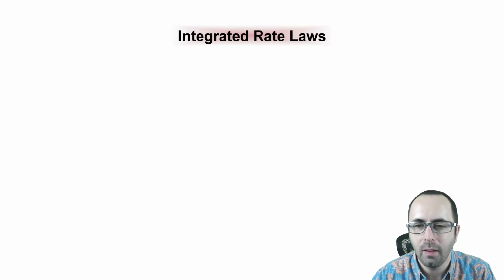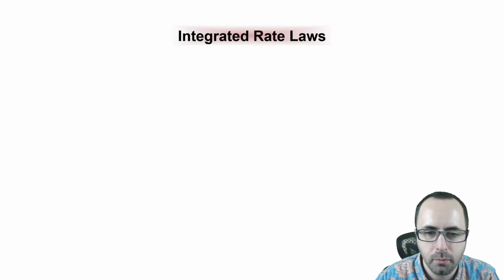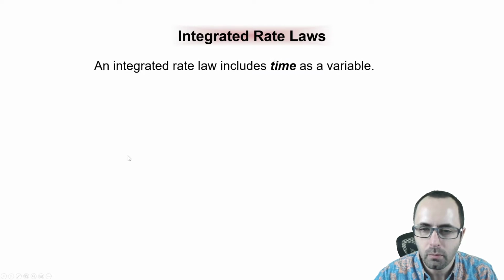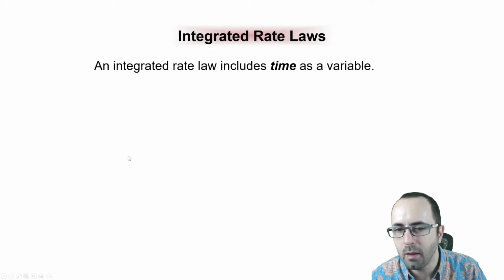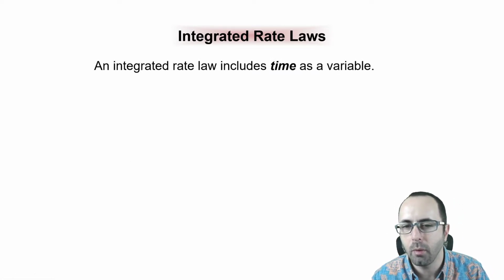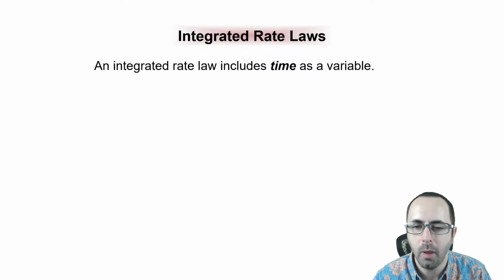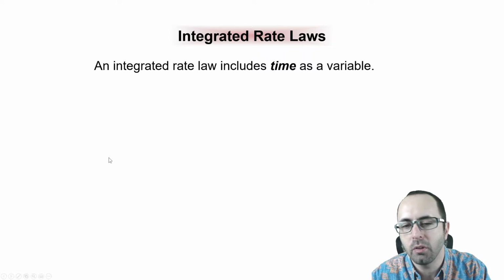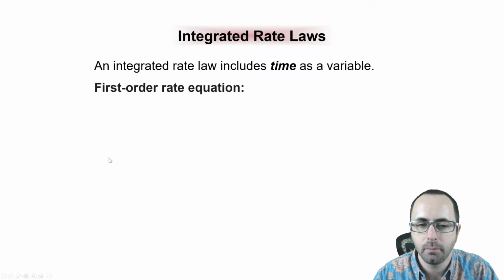So let's state the integrated rate laws first. The key thing about an integrated rate law, what makes it different from the standard rate law, is that it includes time as a variable. So we can figure out how much time has passed or how much time must pass until the reaction proceeds to a certain point.